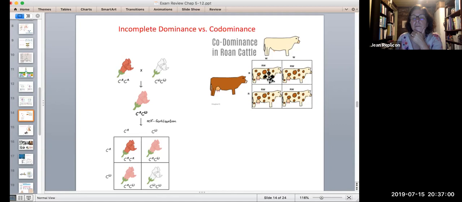And so we have the combination of the colors. It's not a blending. So that's what makes it codominance. So they both express. Here they're blending, here they're both expressed. But in the notation, neither of these do you have the capital and small letters.